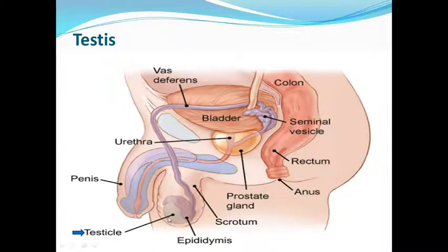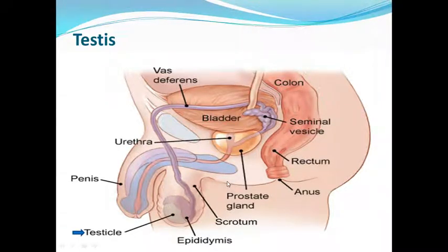Side to side thickness is about 1.8 to 2 centimeters. So this is the normal dimension of testis, and in an adult it weighs around 10 to 15 grams.